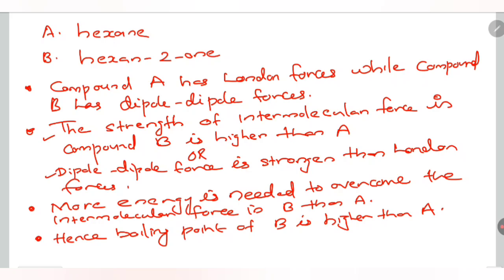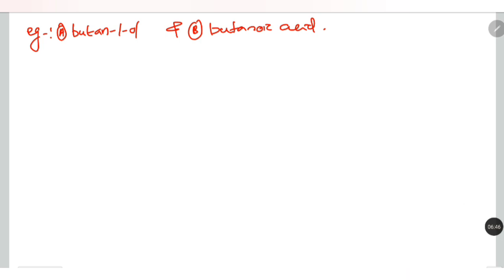Okay, now when you look at two other substances, like if you have a question between alcohol and acid, how do you explain that? Okay, for example, if you get a question like this, how do you explain that?